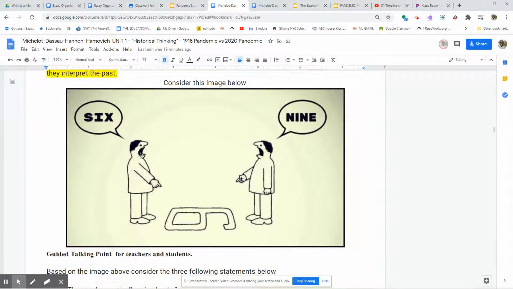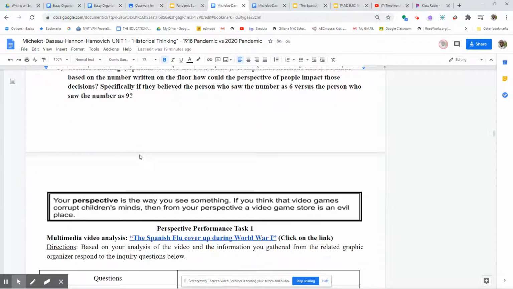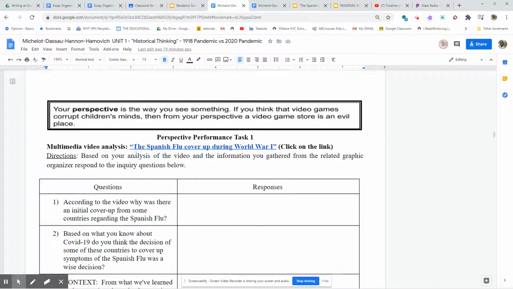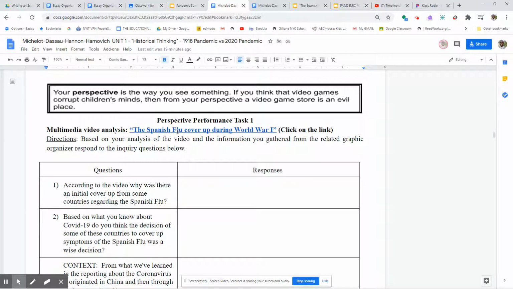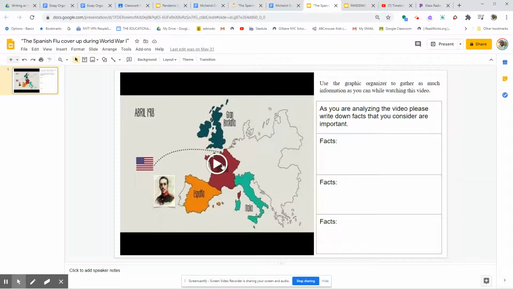I look over the information that I learned, all the reading material that we did. I would look at the information regarding the Spanish flu. And I could use that video, which I already have here, look over the information in the video and see which set of facts support that position. Okay? I'm not going to go through the whole video, but that is up to you to decide.